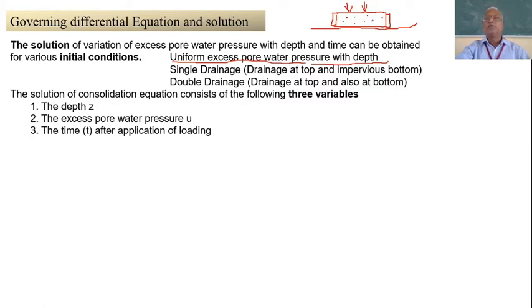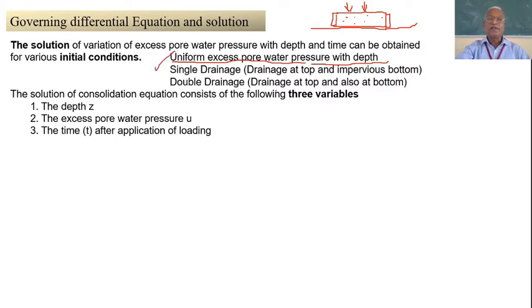It is single drainage. There is no possibility that water can move sideways because it is one-dimensional consolidation. It is a solid boundary at the edges. So if we have an impervious base and allow the water to go out only from the top, that is the first case.